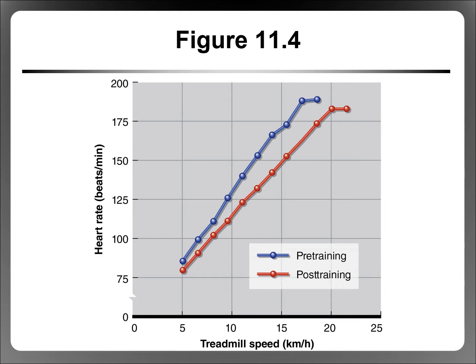But you can see that at each of the given treadmill speeds, for example, at 10 kilometers per hour, specifically in this region, the heart rate before training was about 125 beats per minute, and then after training is probably somewhere around 105 to 110 beats per minute. In terms of longevity and performance, that's going to make a big difference, especially when we're talking about substrate utilization.